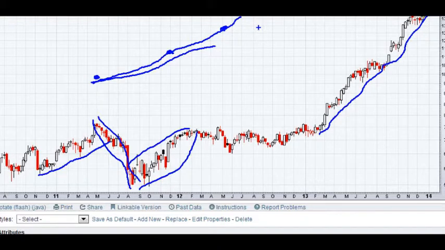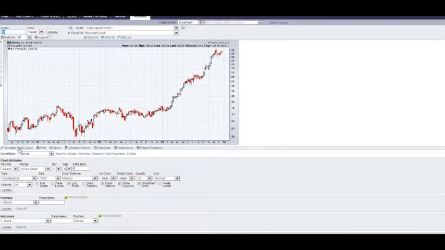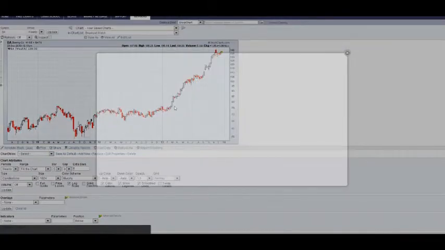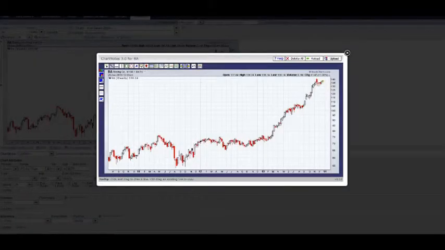And in general, an upward trend, I'm just going to write that out here on the chart, is a series of higher lows and higher highs, while a downward trend is a series of lower lows and lower highs.